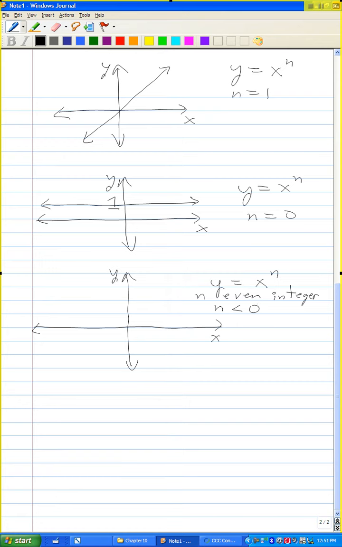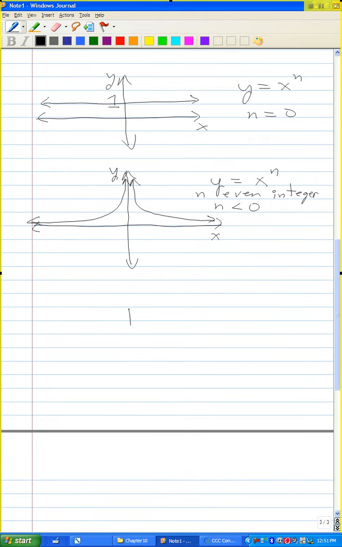Okay. So if you do that, then the graph of it will look something like this. It should be symmetric about the y-axis.